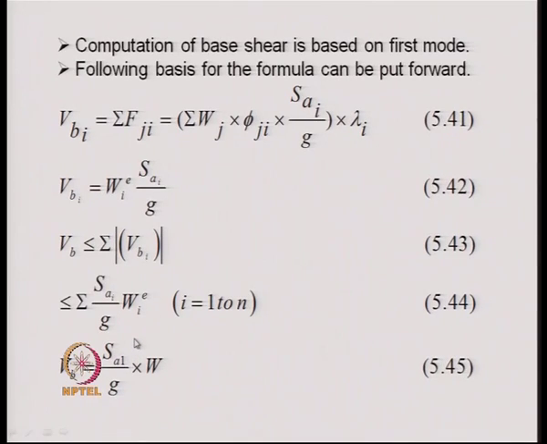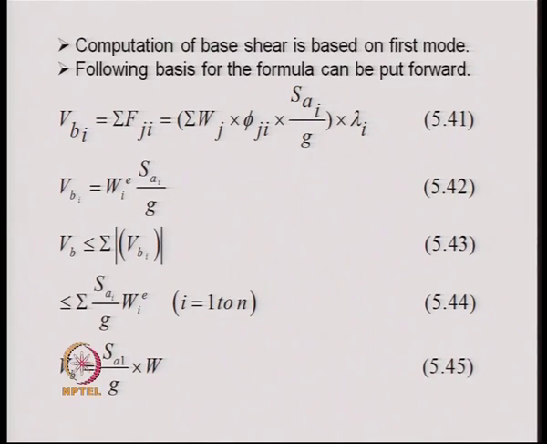If we assume that the spectral acceleration remains the same in all modes and is equal to that of the first mode, then we can replace S_ai by g with S_a1 by g, and that will remain constant for all modes, and then this can be taken out, and the summation is only for W_iE. The sum of the W_iE, that is the effective weight at any particular mode, summed up over all the modes will result in the total weight of the building.